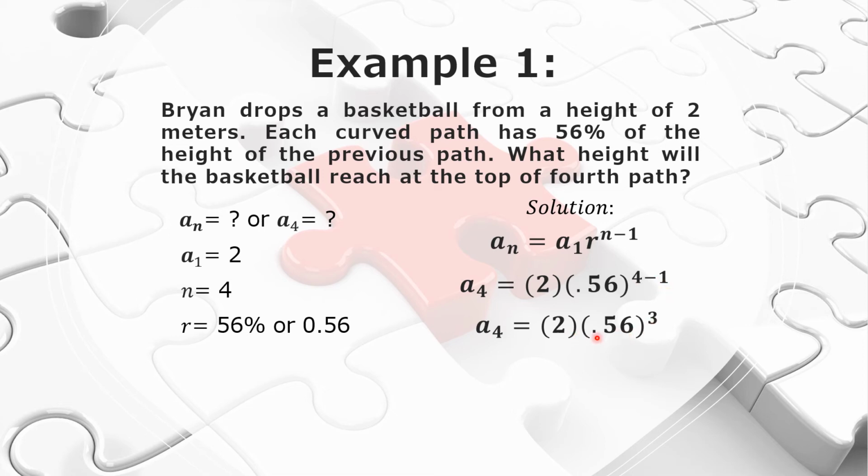Then, 0.56 raised to 3. So ito times mo siya sa sarili ng 3 beses. And, times 2. So, magiging sagot natin sa 0.56 raised to 3 times 2 is 0.35 meters. So, sa fourth path, aabot siya ng 0.35 meters.